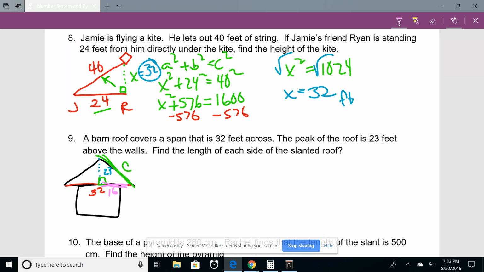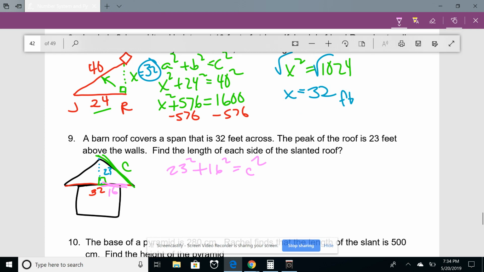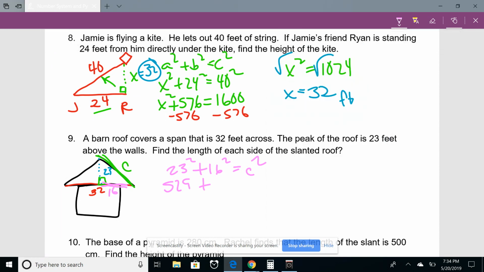Then I plug them into my Pythagorean theorem. 23 squared plus 16 squared equals c squared, or x squared, whatever you want to call it. I'm going to call it c squared. 23 squared, 529. 16 squared, 256.